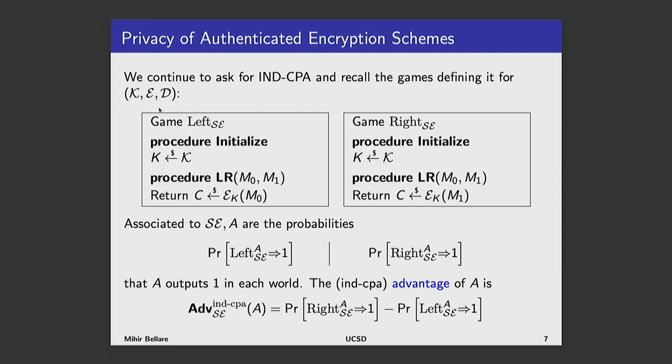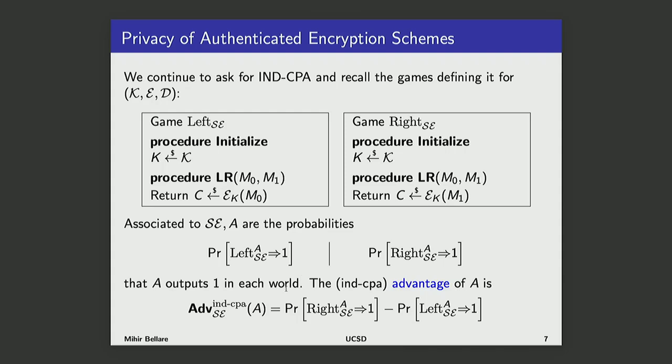The encryption is done with this encryption algorithm of the scheme. Your adversary gets back the ciphertext, and then it outputs a bit saying, I think I'm in the left world, or I think I'm in the right world. The key under which this happens is chosen inside the game and is hidden, so your adversary doesn't see it directly. And it can make lots of queries to this oracle, and replies are consistent, either always left here or always right here.